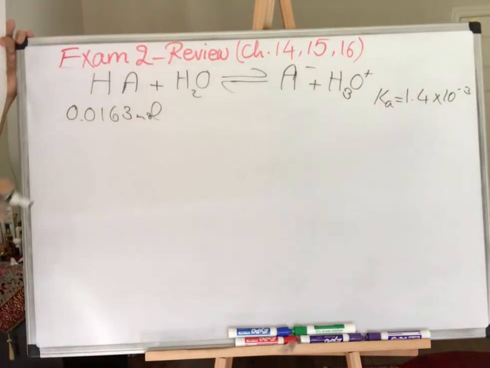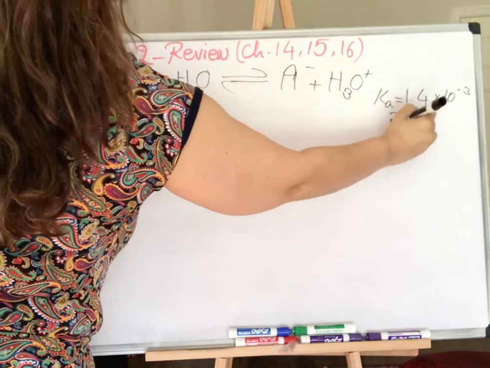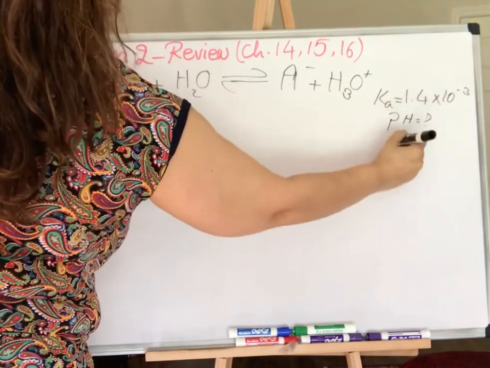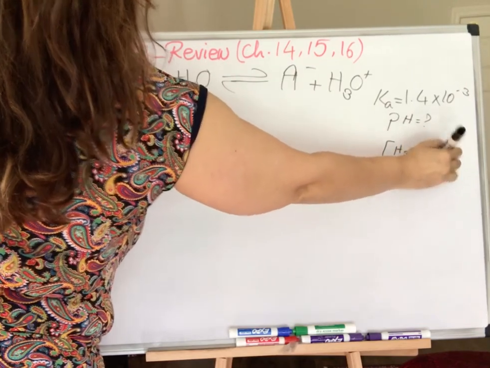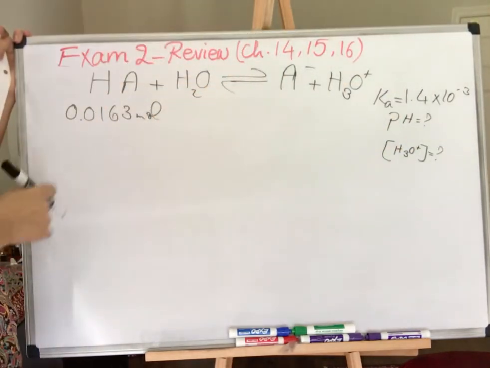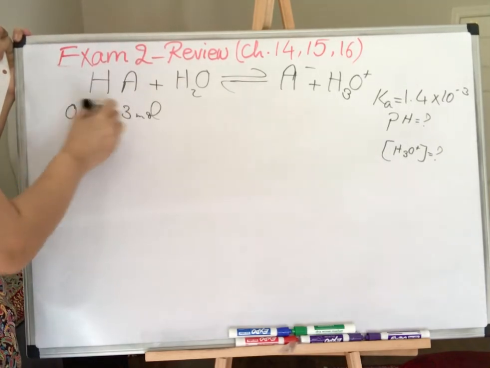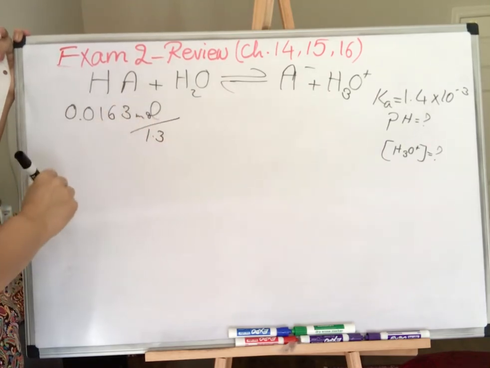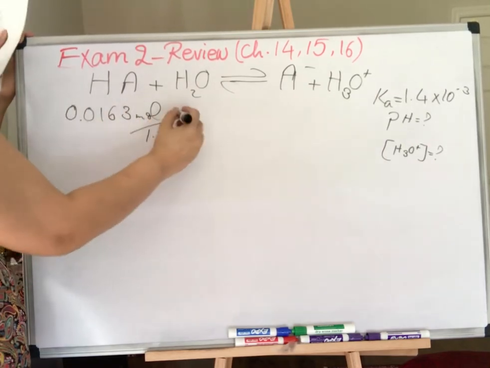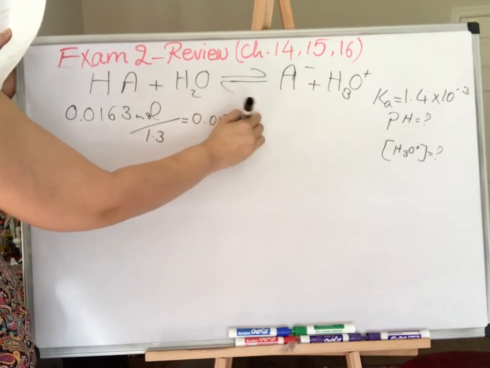Then we are supposed to find the pH of the solution. In order to find the pH of the solution, we need to find the concentration of the hydronium ion. So instead of working with moles, let's change this to molarity and work with the molar concentrations.